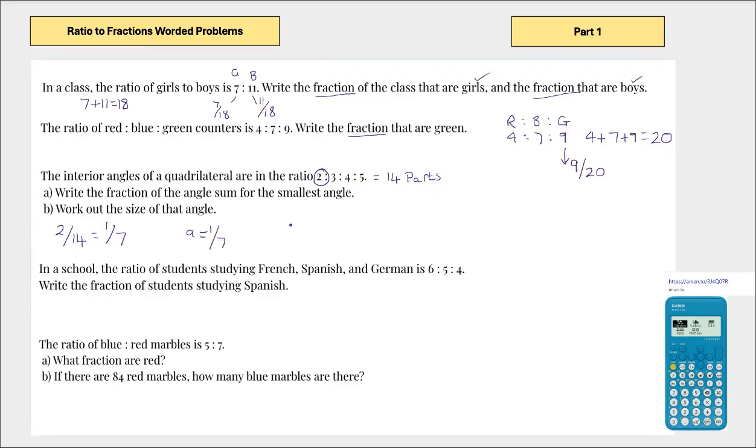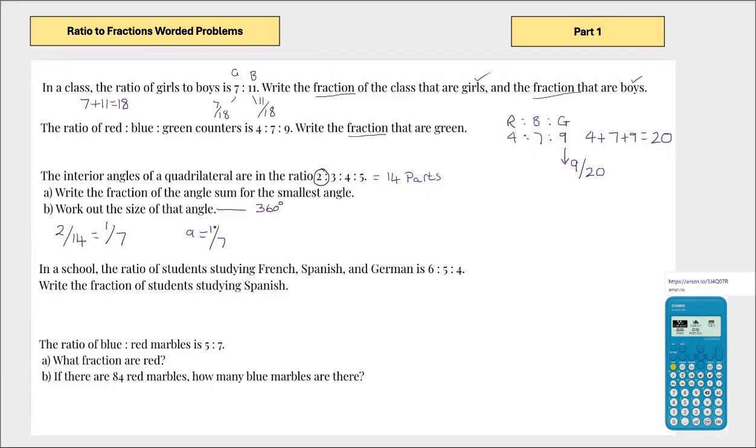So let's work on B. Work out the size of that angle. Now, here, we know that a quadrilateral is 360 degrees. It's really important.